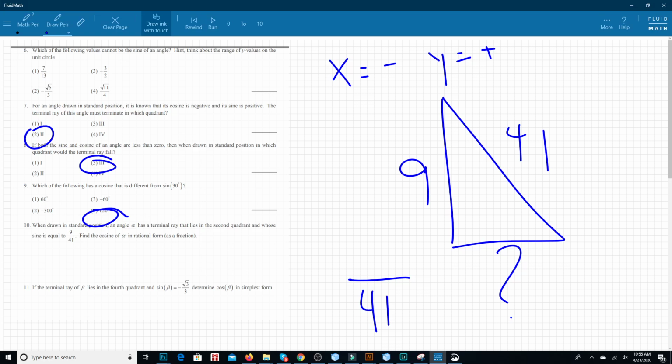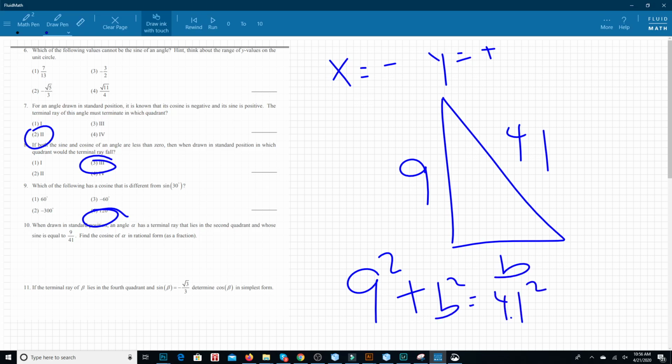So in order to find this, we can use the Pythagorean theorem. We have 9 squared plus, call it b squared, equals 41 squared. So that's 81 plus b squared equals 41 squared.